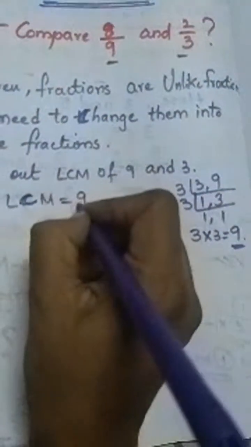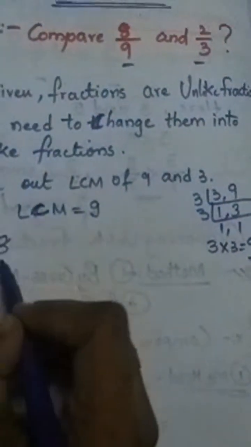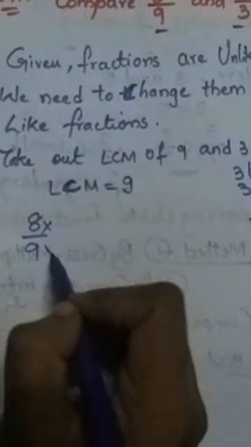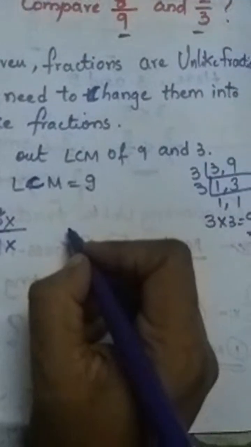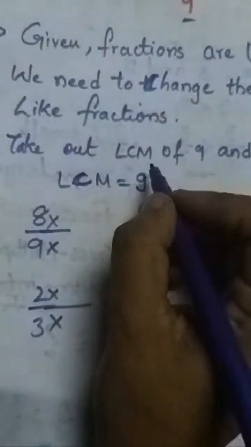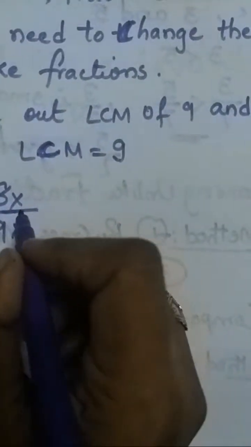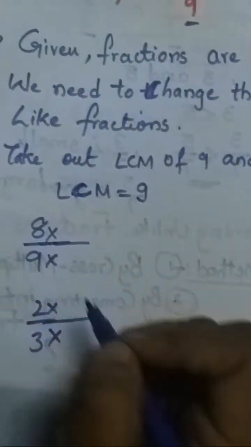Okay. Now change the 8 by 9 with the multiplication symbol, and the second one, 2 by 3, multiplication. We have to do it with the LCM, which is 9. Where will we get 9? The denominators must be 9 and 9.